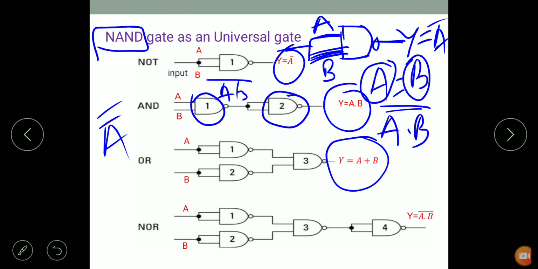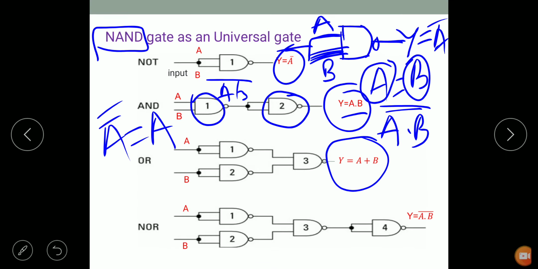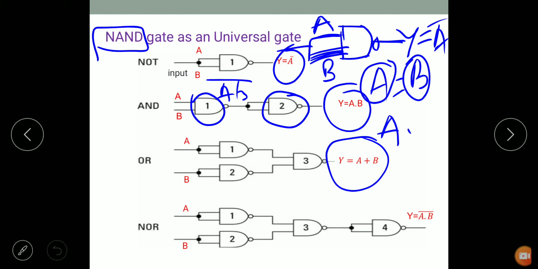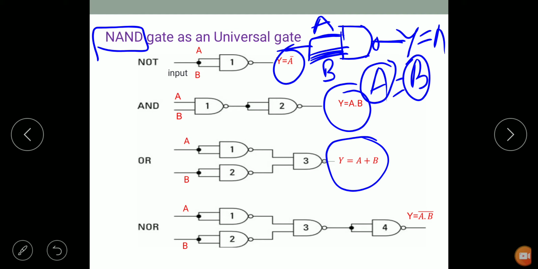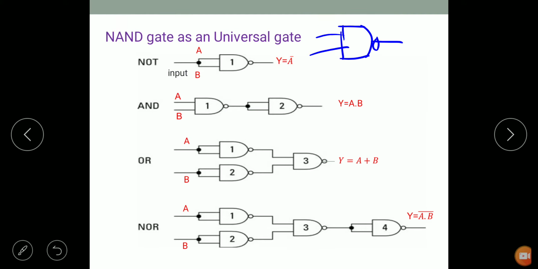So the double complement of A is the variable itself, that is A. Here the double complement of A dot B is A dot B. So at the output we get A dot B. This is how, using the NAND gate, we construct the AND gate.